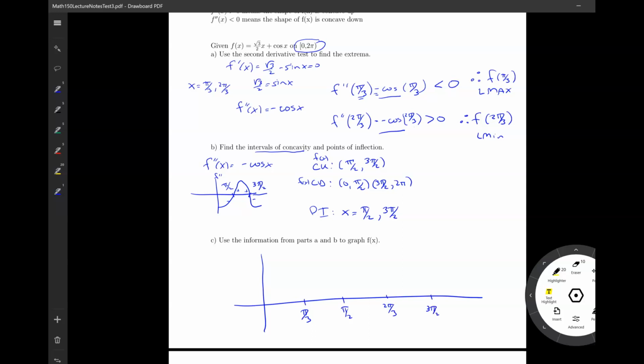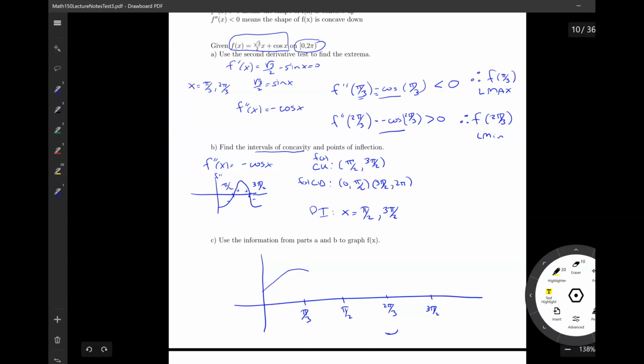So at pi over 3, I have a local maximum. And I'm not going to worry about the y values. I could go plug it back into the original function. I'm just looking for a good shape of the graph. So I think it's going to be a maximum at pi over 3, nice slope 0 up there, and then it's going to be a minimum at 2 pi over 3 down here.